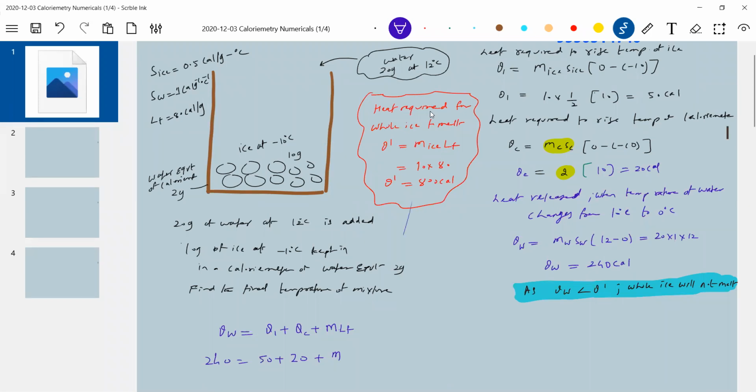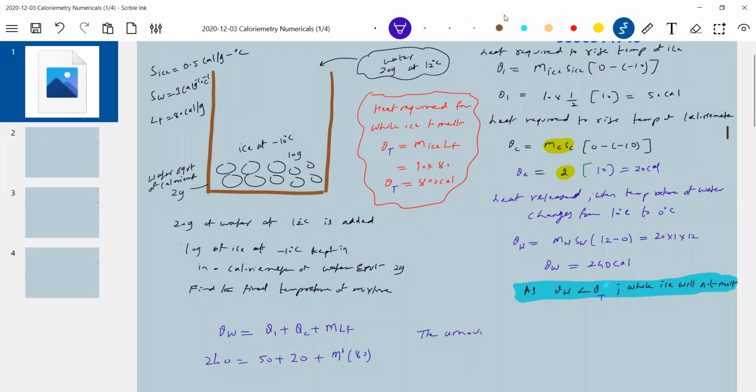QT, I'll write it, total. Here I'll put it as M dash, and this will be LF. What is LF? 80.